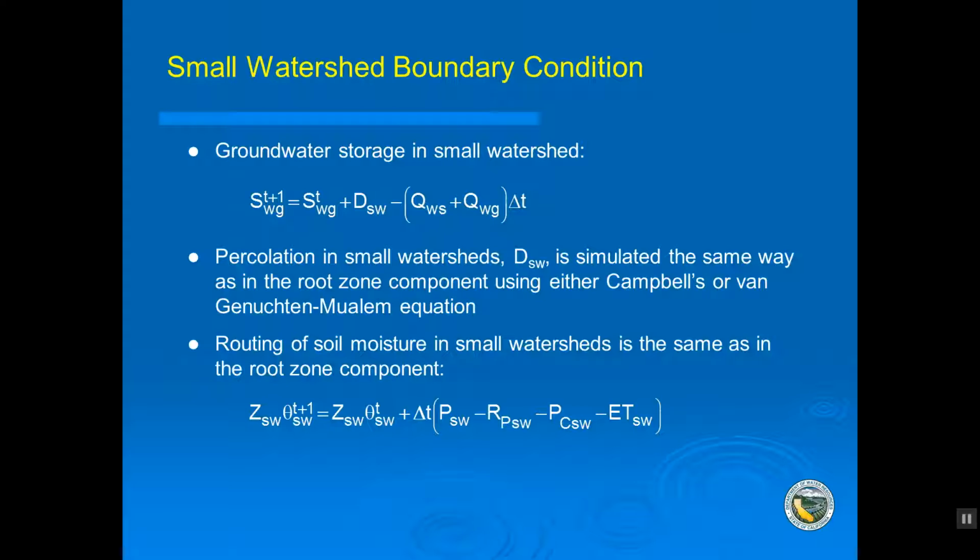We simulate the percolation, which is the recharge to the small watershed, and then we subtract any subsurface outflow and the surface outflow from the small watershed to calculate the storage at the end of the time step. As I said, percolation is calculated exactly the same way as in the IDC, using either Campbell's or the van Genuchten-Mualem equation.